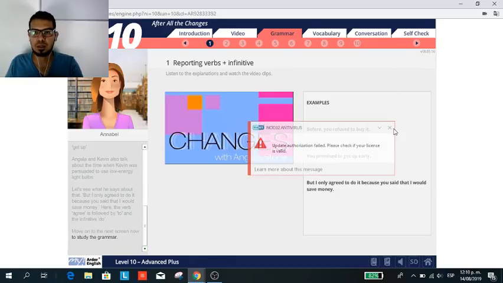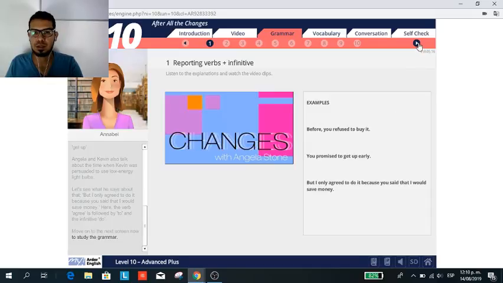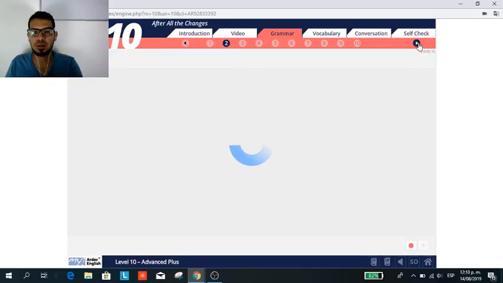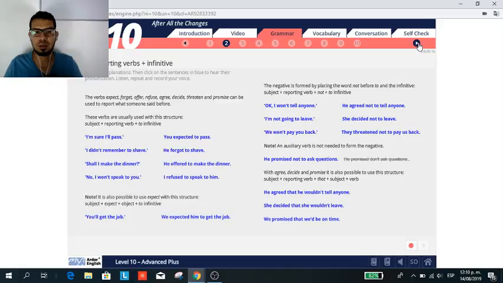Now let's continue. We're going to take a quick view on all these topics. Now, reporting verbs plus infinitive. Here we have explanations, and then we click on the sentences to practice listening.